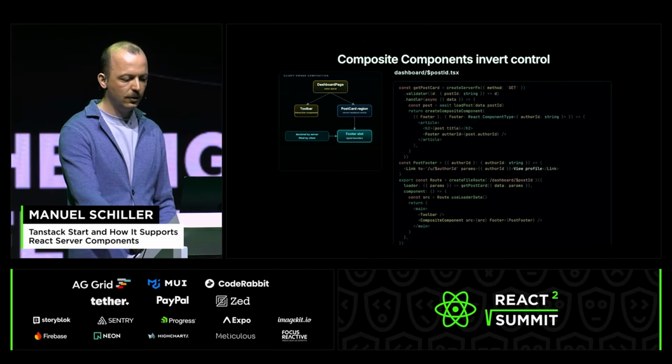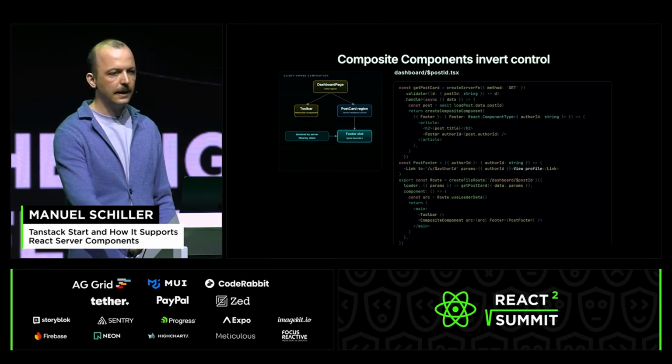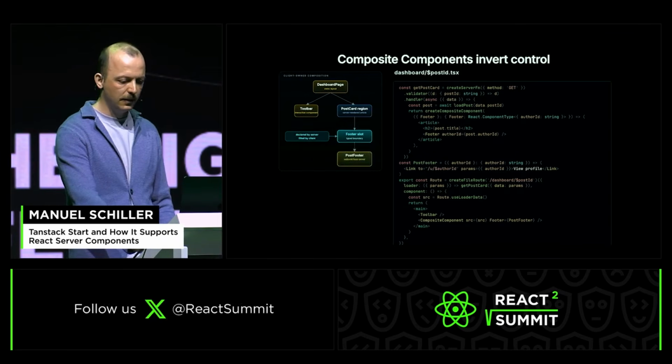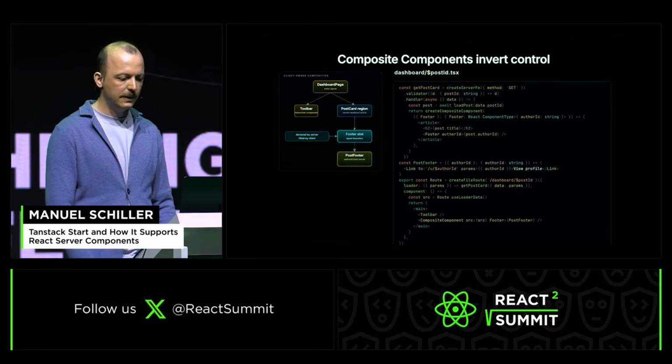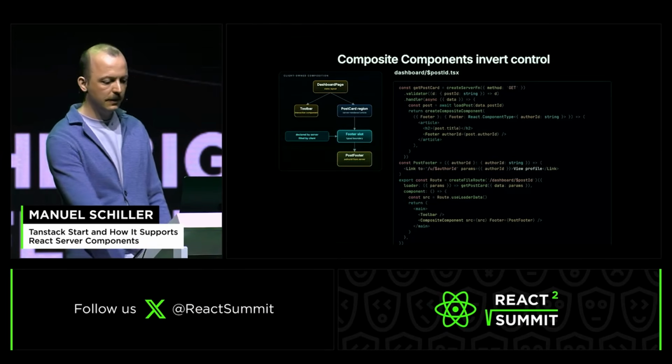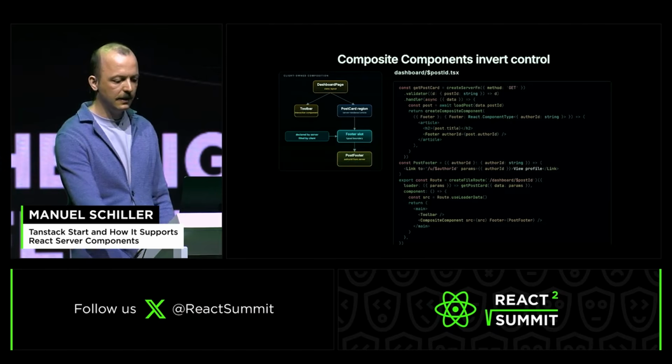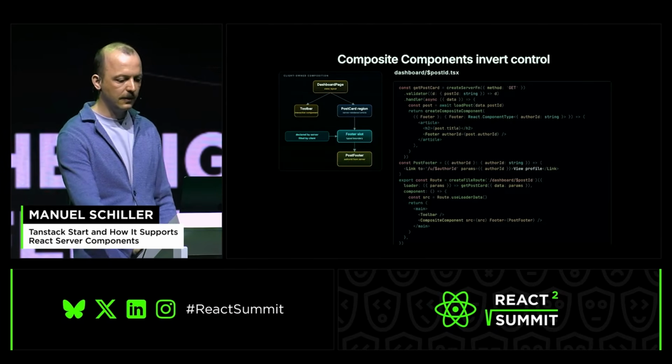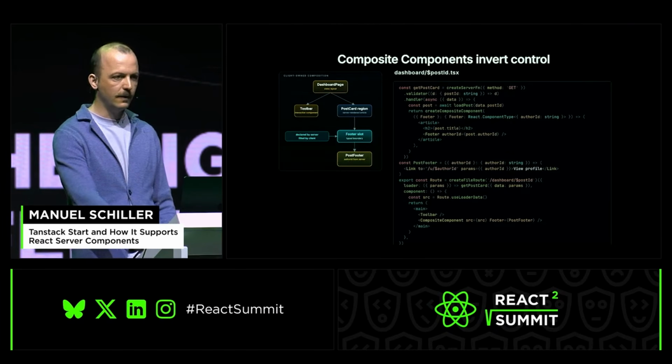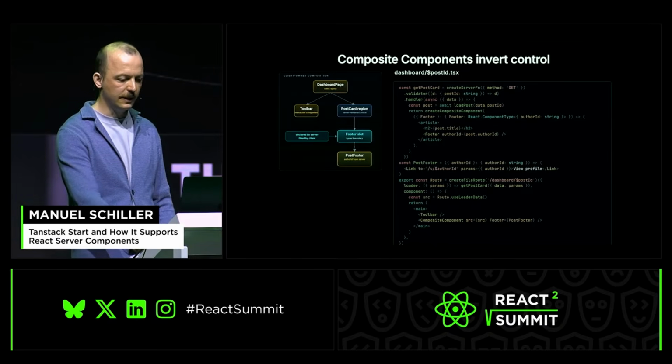So the server-rendered postcard declares this slot, and at the call side on the client, we fill that slot. So on the client side, we say post footer, we put it into the composite component prop down here, and you can then render the whole thing, and it composes together on the client. So the client has full control over which interactive elements get put into the server-rendered regions.